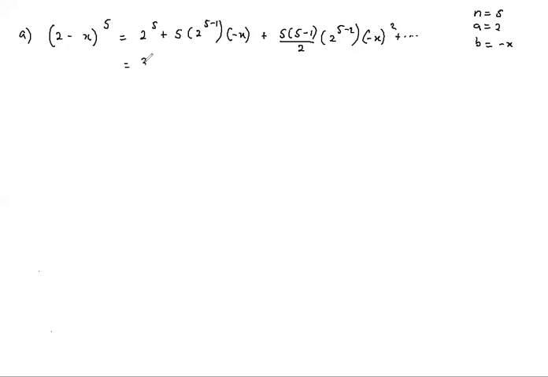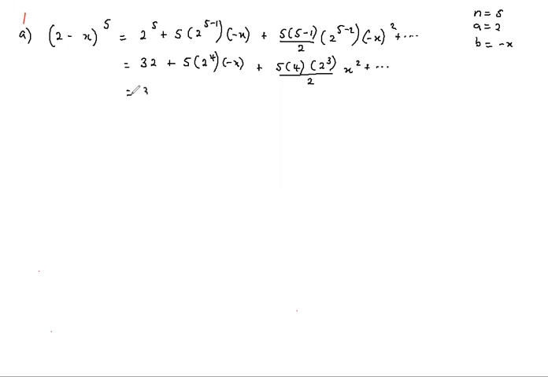This is 32 plus 5 times 2^4 times negative x plus 5 times 4 times 2^3 over 2 x squared, and you keep going like that.